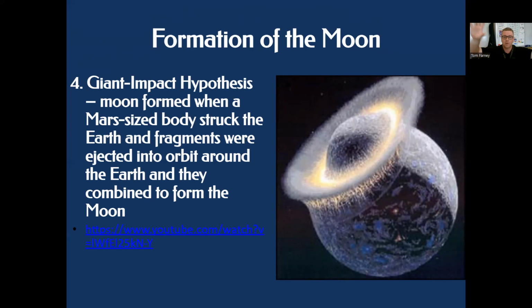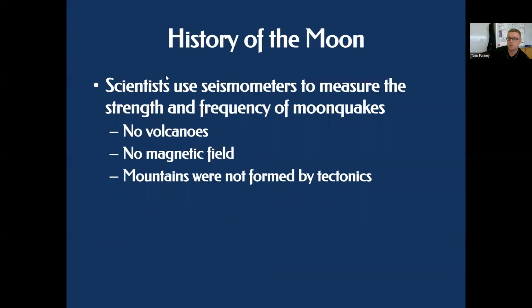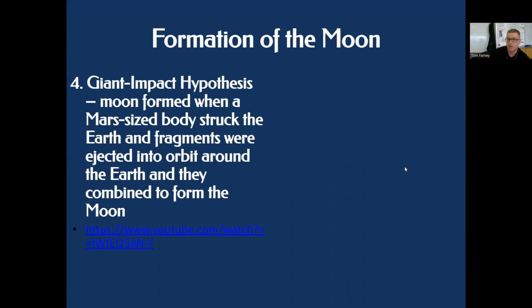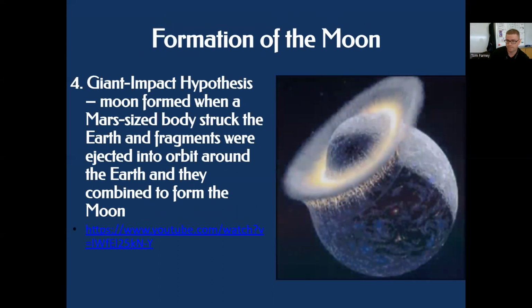Fragments were ejected into orbit around the Earth, and they eventually coalesced and combined to form the moon itself. Personally, I like the Giant-Impact Hypothesis as the reason that we have the moon. Other scientists might lean toward some of the other three. So just be aware that there isn't one clear explanation for how the moon formed, just leading theories about how it possibly did.